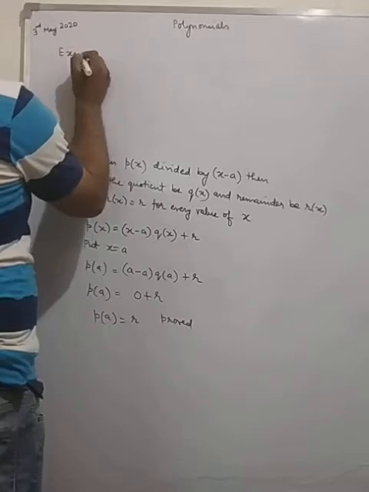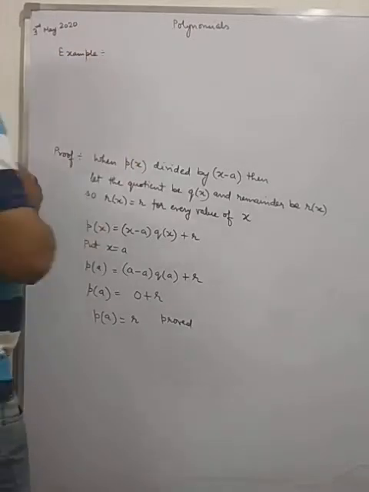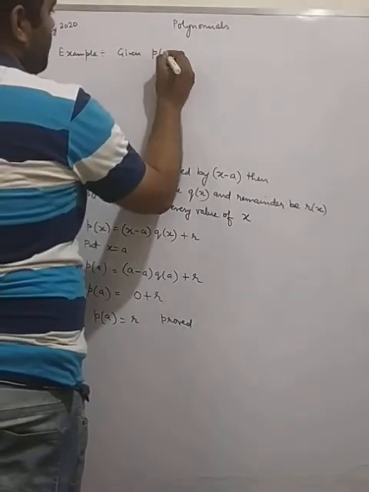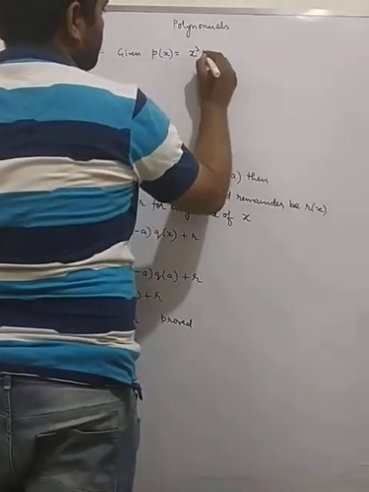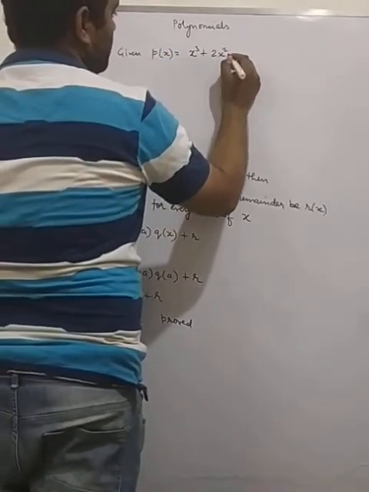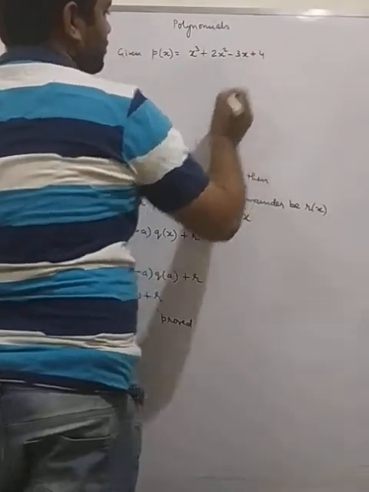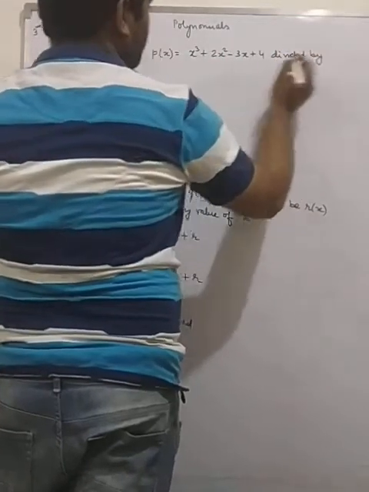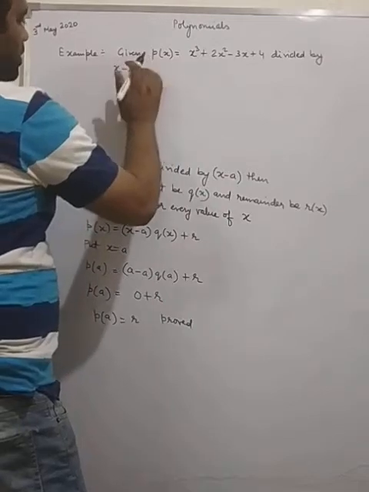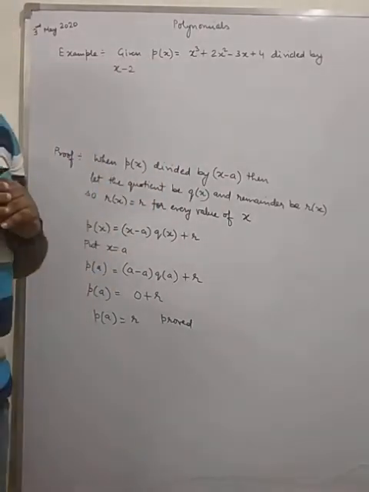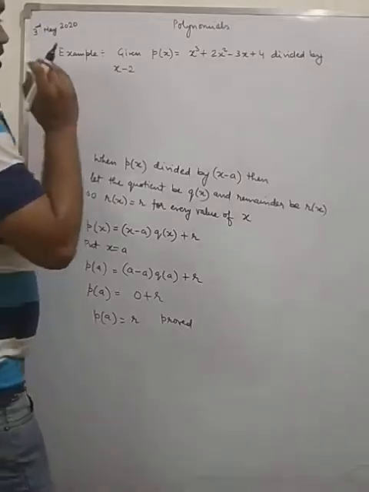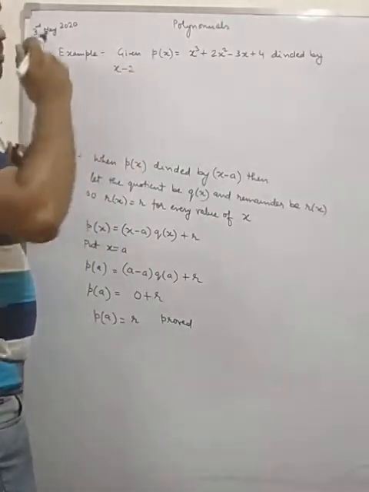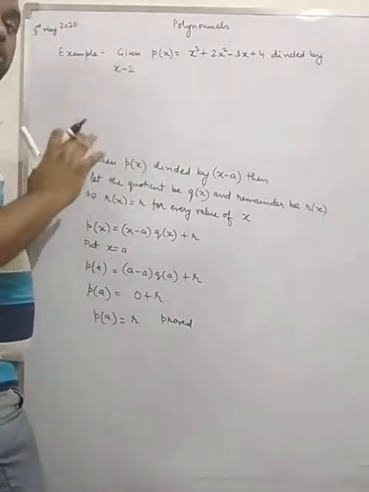Given p(x) is equal to x cube plus 2x square minus 3x plus 4 divided by x minus 2. According to the remainder theorem, when it is divided by x minus 2, the remainder will be p(2).